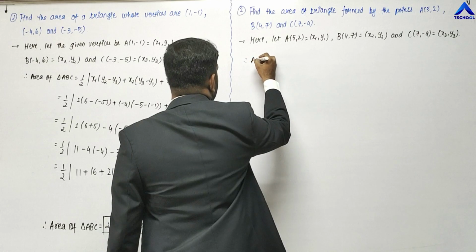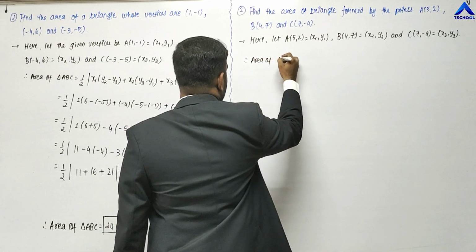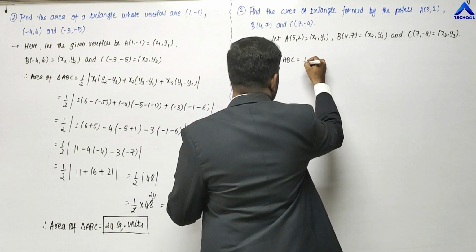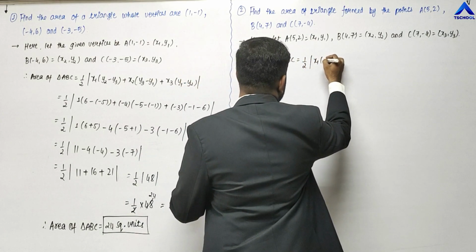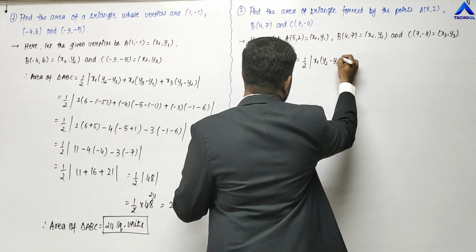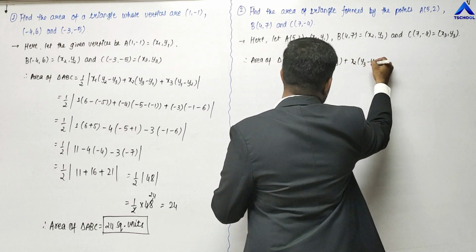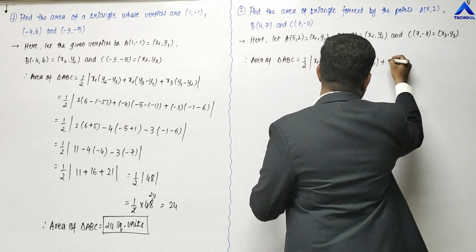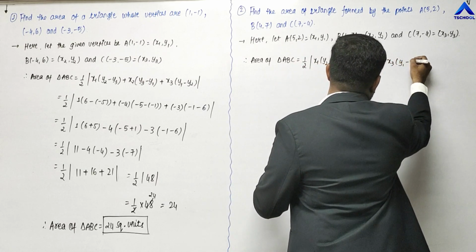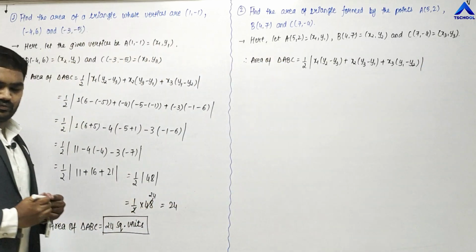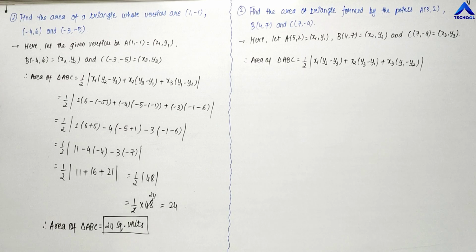Therefore, the area of triangle ABC is given by the formula half modulus x1 into y2 minus y3 plus x2 into y3 minus y1 plus x3 into y1 minus y2. So this is the formula, friends.